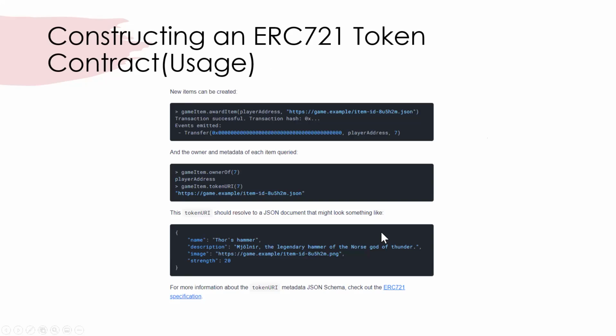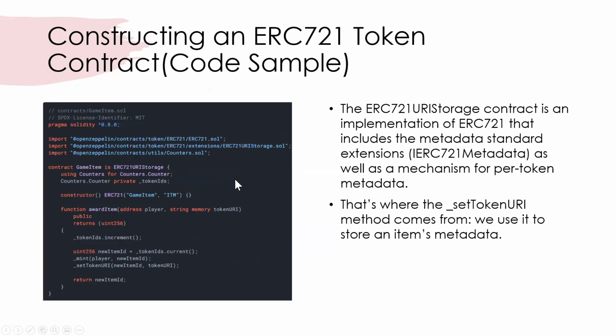For a game, if you win something, for example, and you want to award the player, you pass in the player's address, and then you pass in the URI info of the item they want. And if they want to query that item, you could just say owner of 7, and the 7 is generated by this counter.